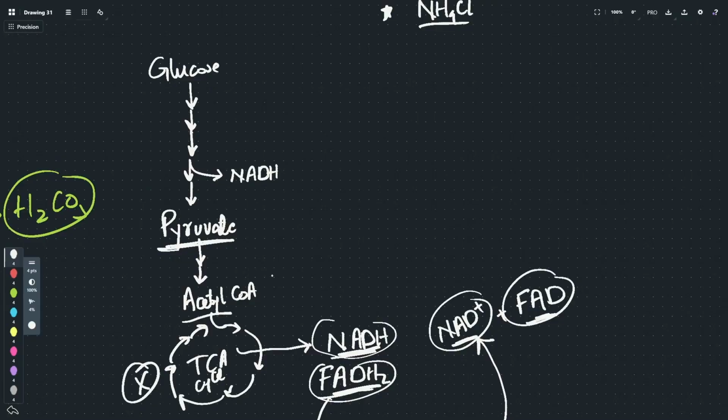So then this pyruvate would follow another route. There is another enzyme called lactate dehydrogenase, and that's a reversible reaction.